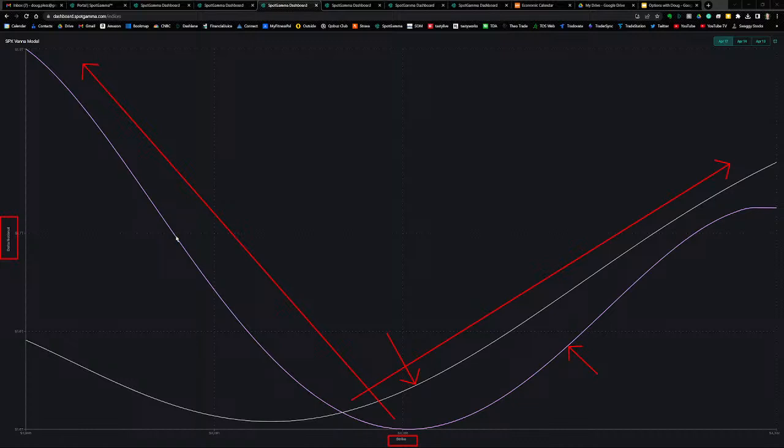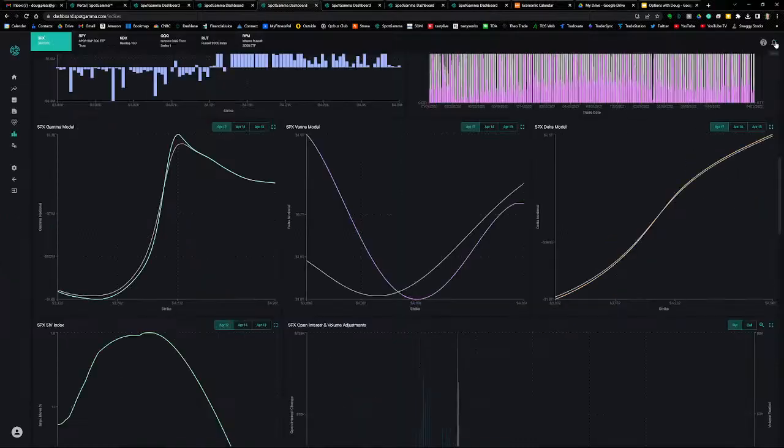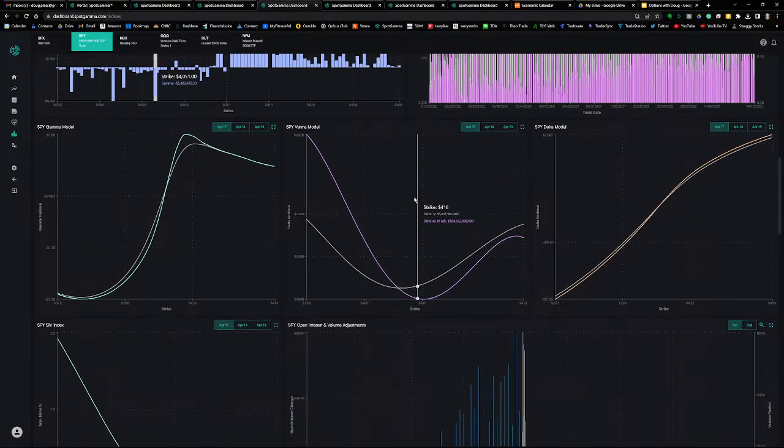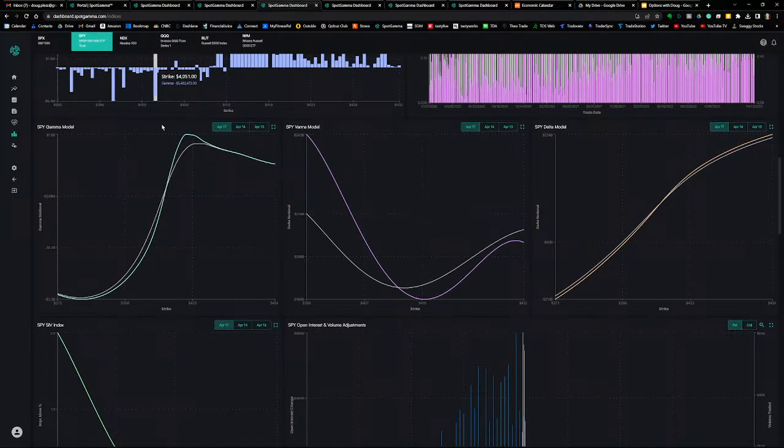And that's typical in a negative gamma environment. All right, that's for SPX. Let's just take a quick look at SPY. And we're just looking at this curve right here, pretty similar. And then also QQQ.